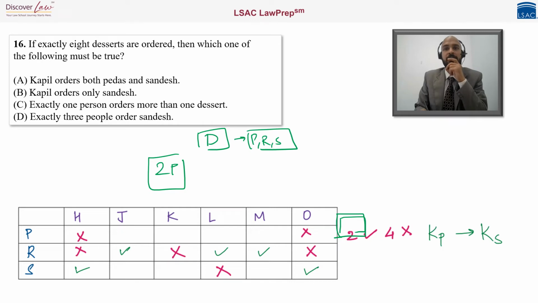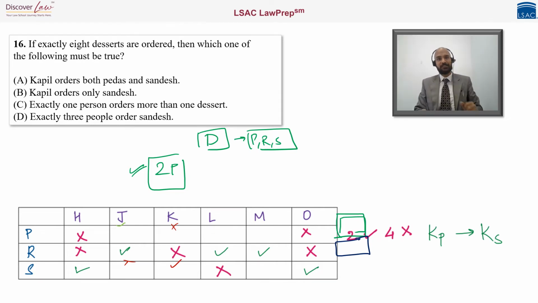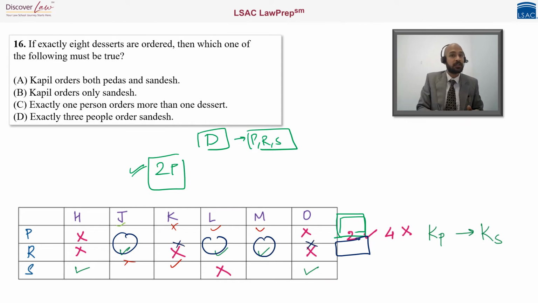We have to total this, right? So 2P is fixed. Next, look at R. What is the number of people who have eaten or ordered R? Is this variable or is this fixed? You can see here that there are exactly 3 people who have eaten and 3 people who have not, which means this is also fixed. So we know that this is 3R. Now, what is the total of P, R and S?